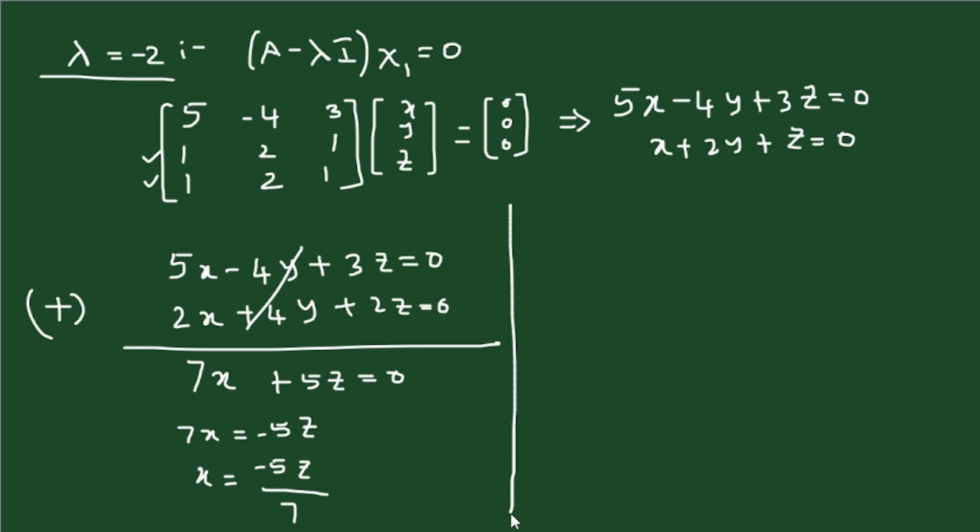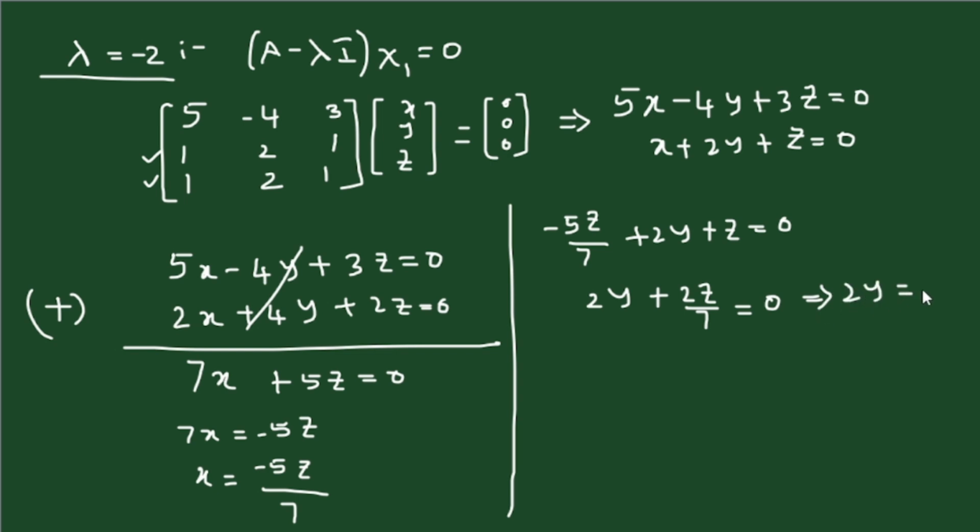So if you put x equal to minus 5z by 7 in either of these equations, I take the second one, minus 5z by 7 plus 2y plus z equal to 0. It is 2y plus 2z by 7 equal to 0, or 2y equal to minus 2z by 7. 2 gets cancelled.